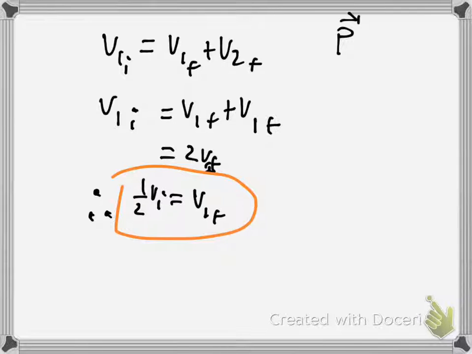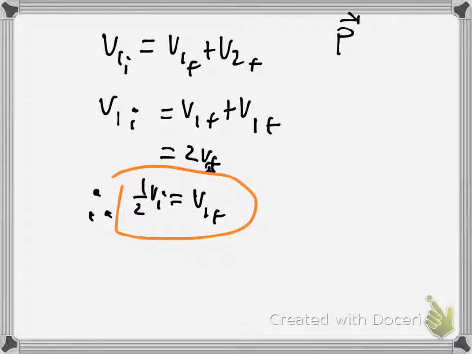So we can now prove that V1F is equal to 1/2 of the initial velocity of 1. Now that we've proven that the final velocity of block 1 is exactly half of the initial velocity, this problem actually gets a lot easier.